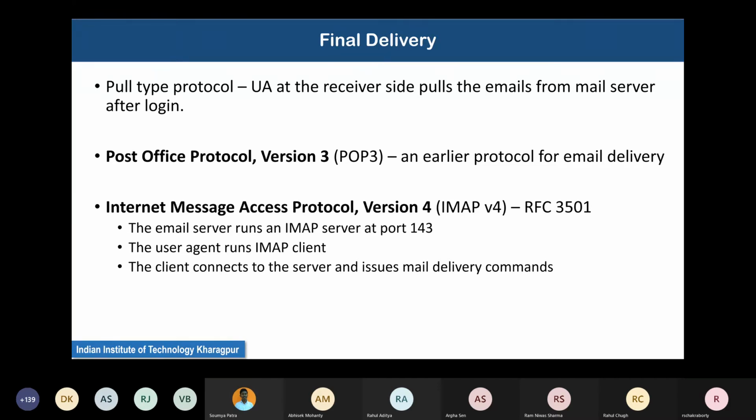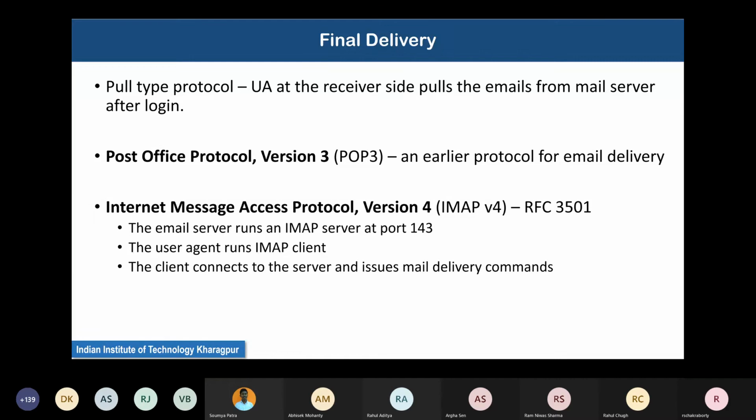The user agent runs an IMAP client program, Thunderbird, Microsoft Outlook, whatever you want to use. And then the client connects to the server and issues a mail delivery command. It can also be, I think on Apple also there are Mail and other types of applications which you use.